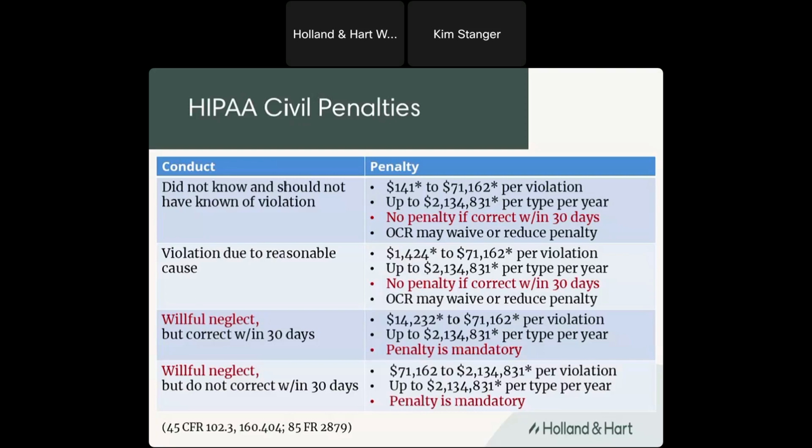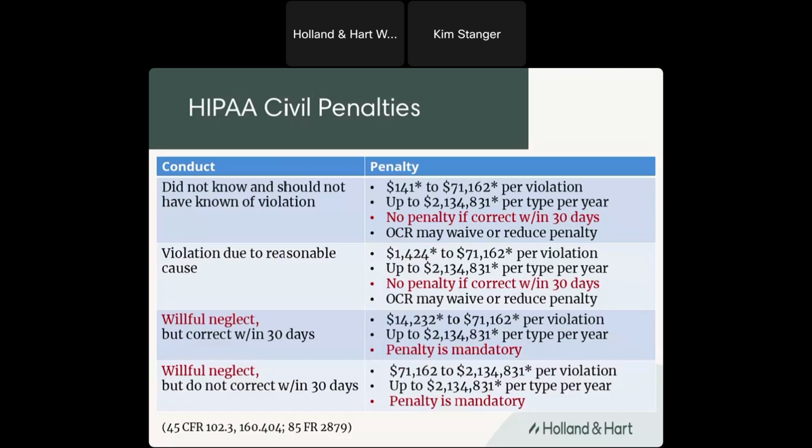If you engage in willful neglect, but you correct it within 30 days, you still got to pay $15,000 to $71,000 per violation. And if you engage in willful neglect, but you don't correct it because you don't like HIPAA or the horse it rode in on, well, the penalties are a mandatory penalty of at least $71,000 up to about $2 million per violation.